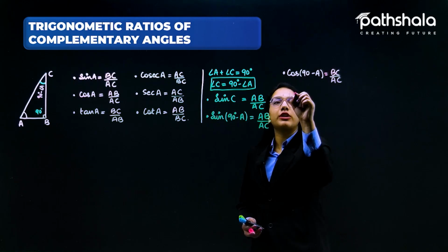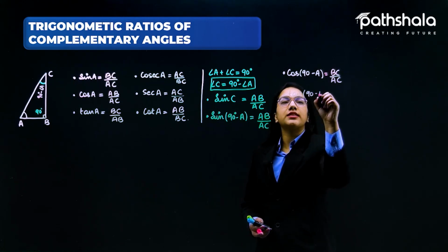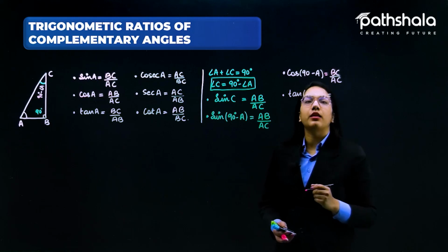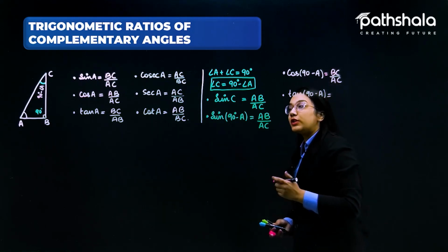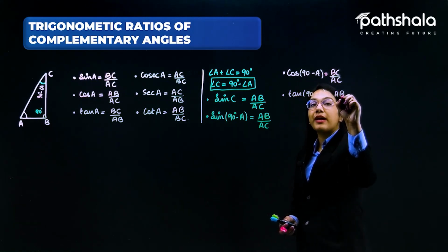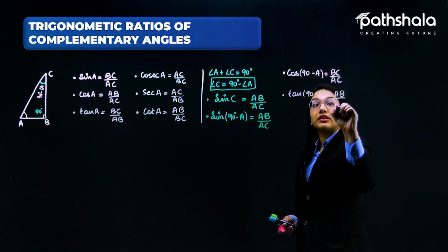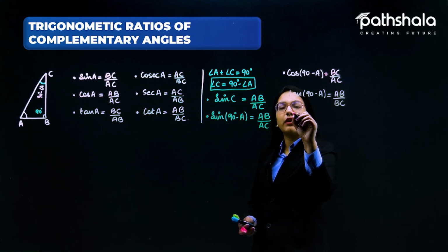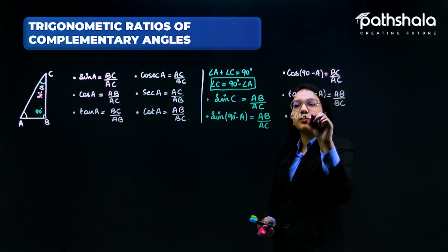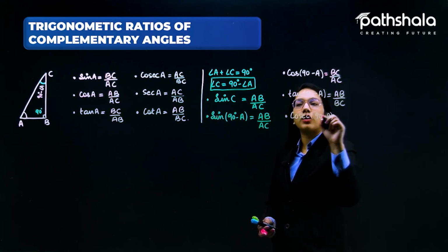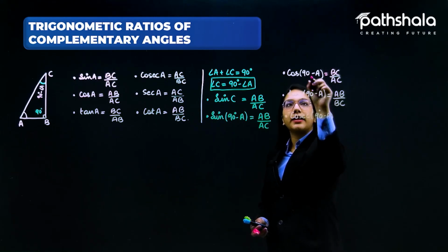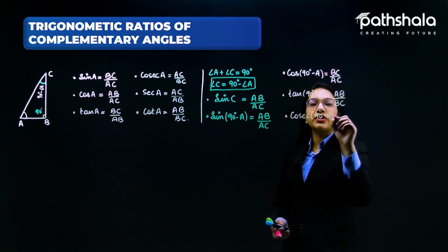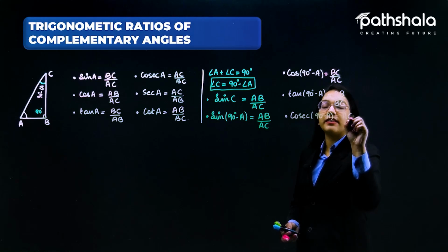Furthermore, if I'm talking about tan of 90 minus A, this is the side opposite to the angle C, which is AB, divided by the side adjacent to C, which is BC. Now, cosec of 90 minus A would be the reciprocal, so this is AC divided by AB.